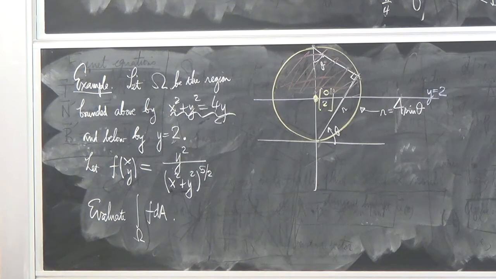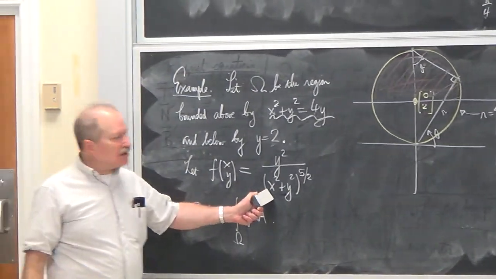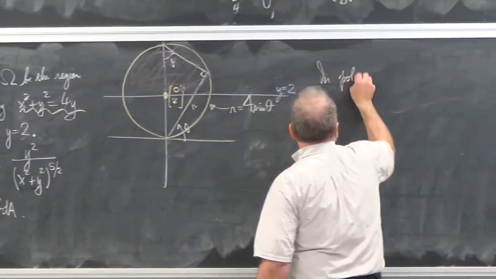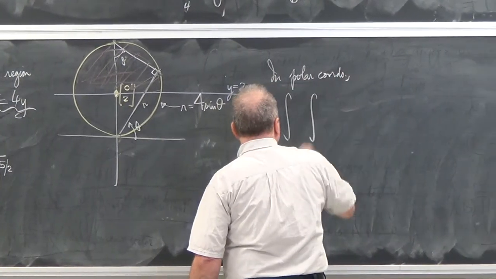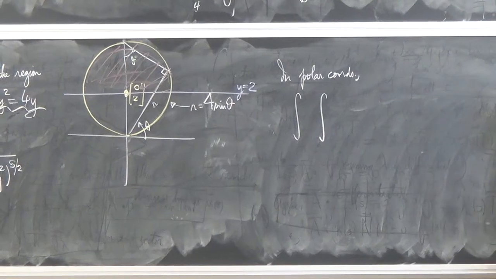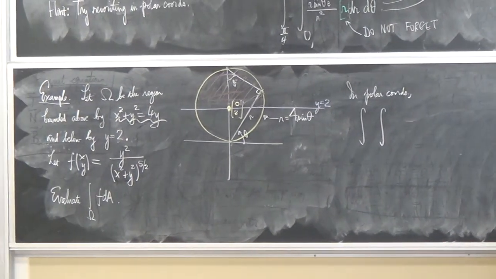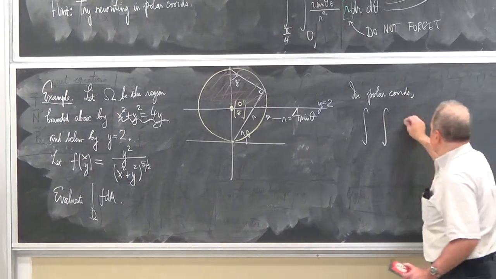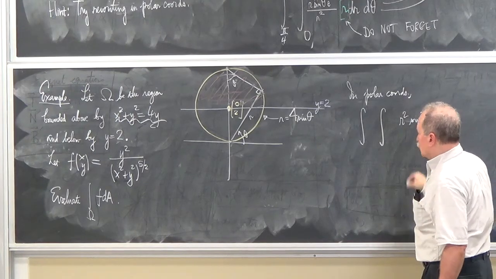Clearly I want to do this in polar coordinates, right? There's no question. So what do I have in polar coordinates? All right, start off; you want to write the function or do the limits? All right, what's the function? r squared sine squared theta over r to the fifth.